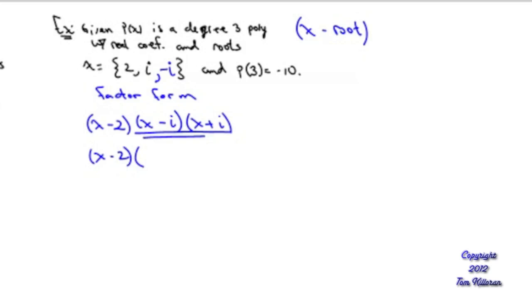It's -1. So it's x squared. Negative i times positive i is negative i squared, so negative i squared is really plus 1. And the middle 2 terms cancel out because they're conjugates. All right, and then multiply it together a little bit more. It'll give you x cubed minus 2x squared plus x minus 2.